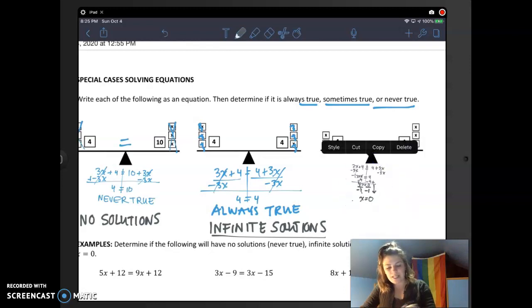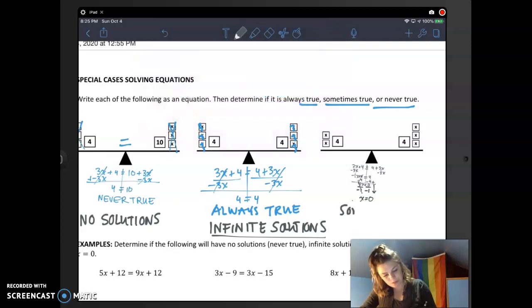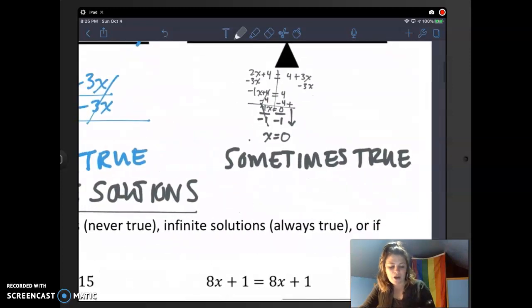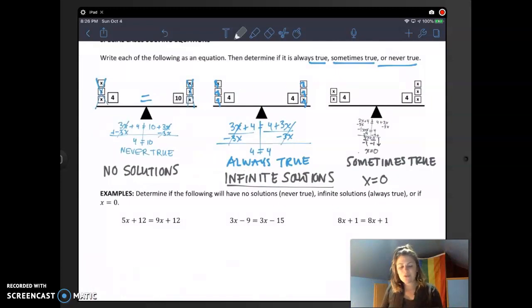So we could say it is sometimes true. And another way to say that in math terms is that x has to be equal to 0 to make it true.